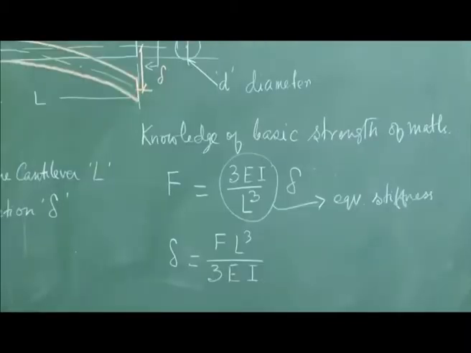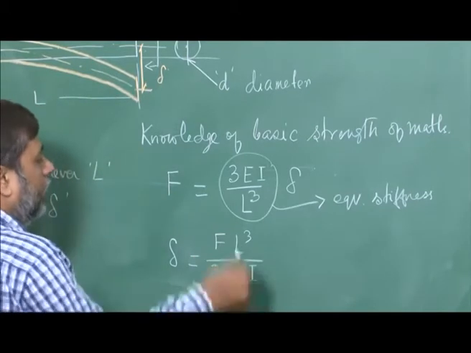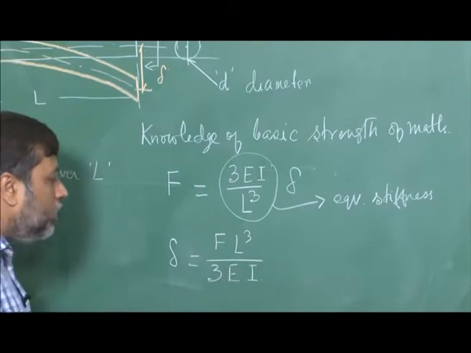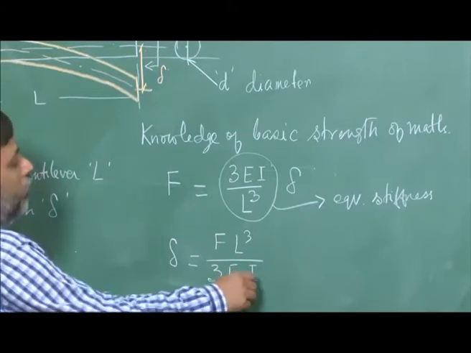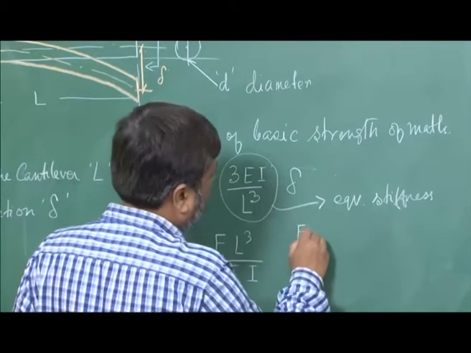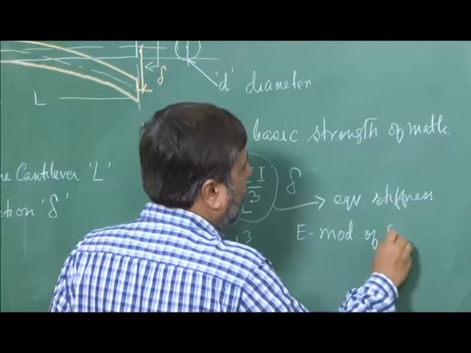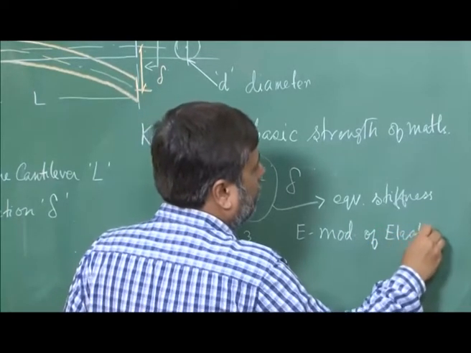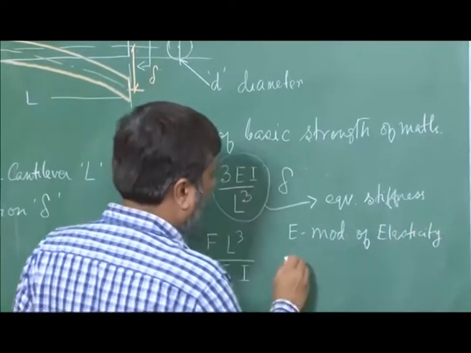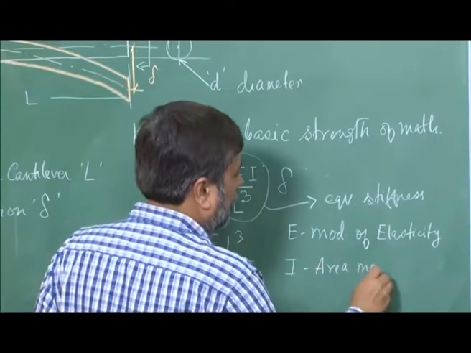In this relationship, we have to keep in mind that you cannot touch F, the force, or L. E you can change, and I you can change, where E is the modulus of elasticity and I is the area moment of inertia.